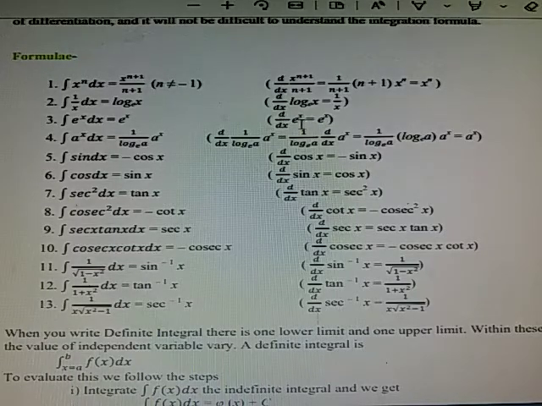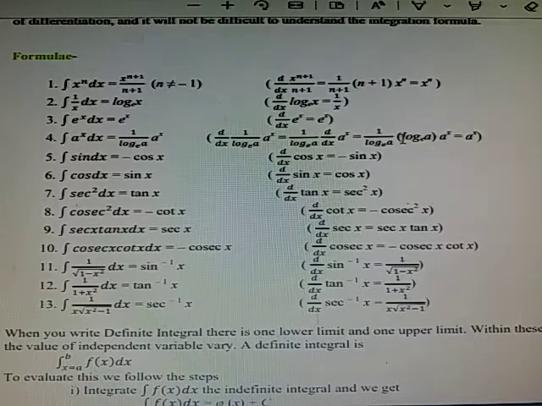And this formula: d/dx of e to the power x is equal to e to the power x. So integration of e to the power x remains unchanged, the same function. When the base is a, not e, in that case d/dx of a to the power x is log of a to the base e into a to the power x.